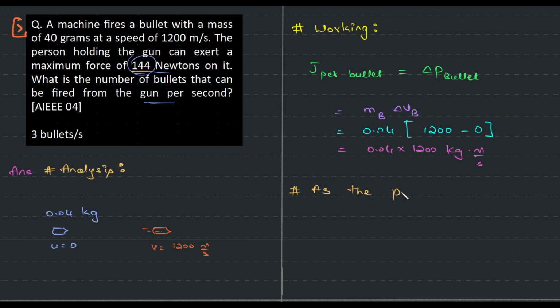As the person can handle 144 newtons, this is per second. Then force is equal to the total impulse that the person can handle per second.